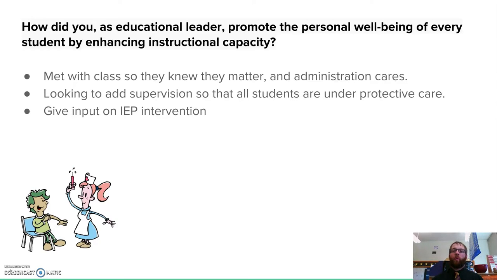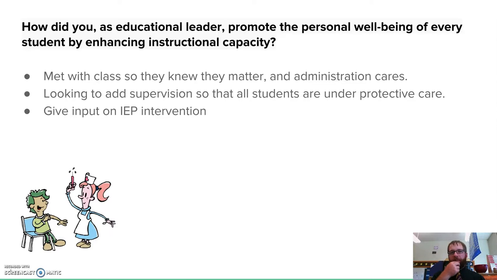How do we promote the personal well-being of every student? Again, the class knows that they care because the adults are talking to them. And they know that they matter and that people care for them. Again, trying to look after everyone's well-being by maybe adding some supervision to help protect, especially in a negative situation such as we found at the beginning of this case study.